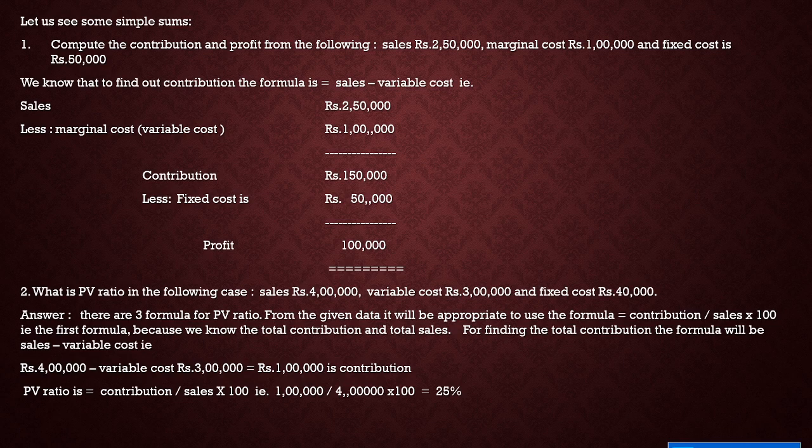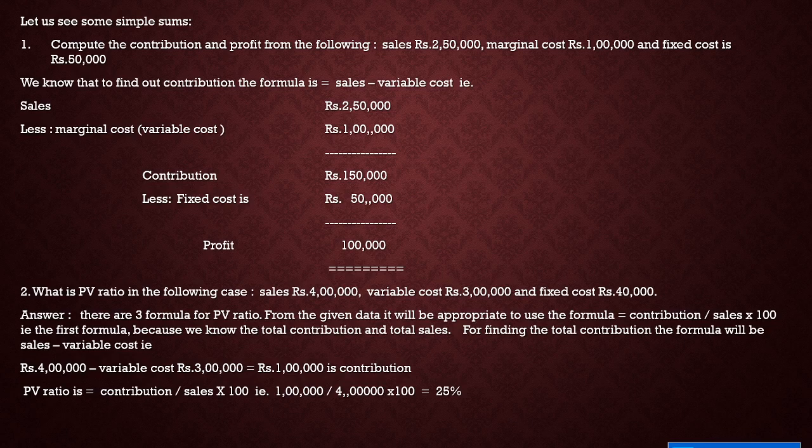For finding the contribution, we know the formula is sales minus variable cost. For the above sum, 4 lakh minus 3 lakh will give you 1 lakh. That is your contribution. Then, using the formula, 1 lakh divided by sales into 100 will give you 25%. That is the answer.